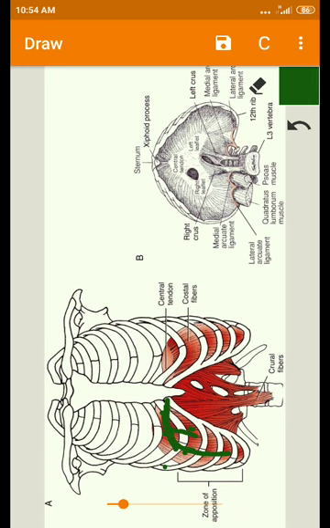Because of this arrangement of the fibers, we get a zone called the zone of opposition.